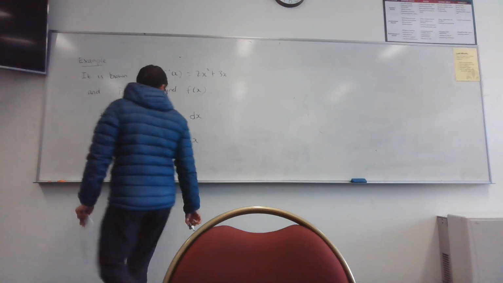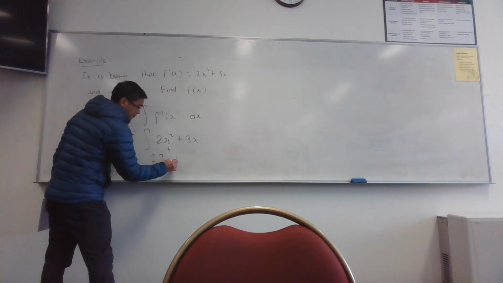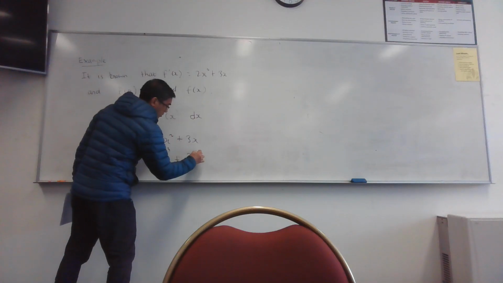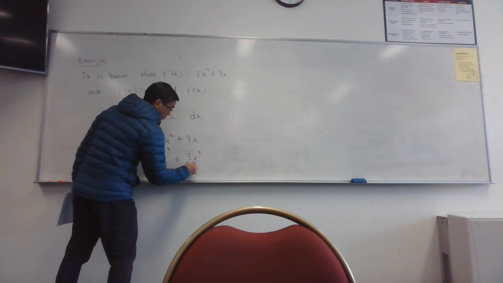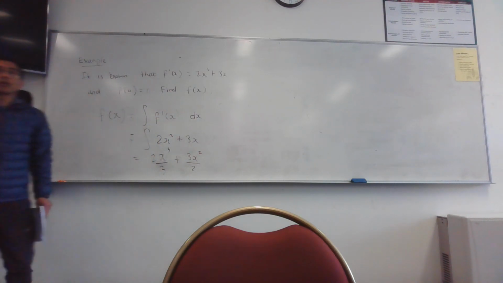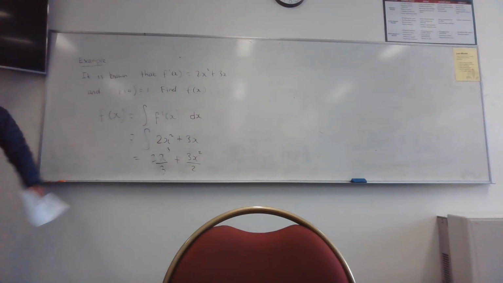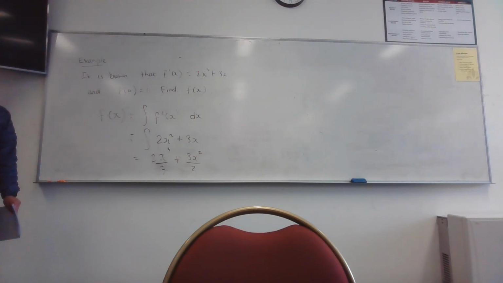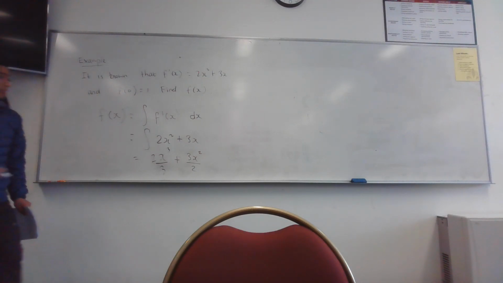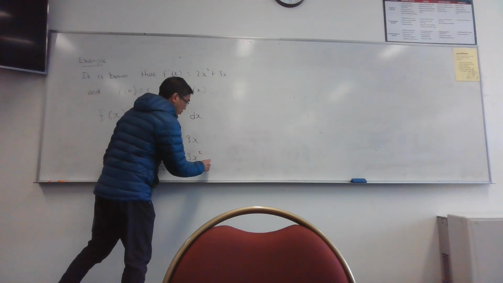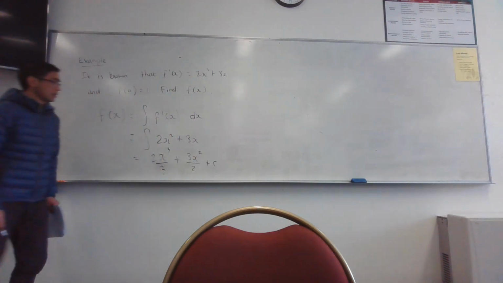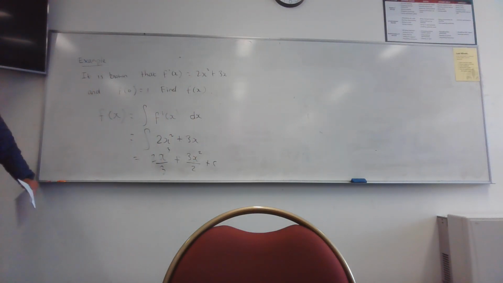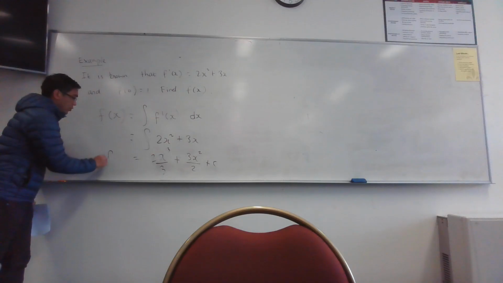Emily, what do I do with the 3x? Okay. Tim, what do I need to put at the end of this? I'm not sure. That's okay. We'll put the constant in. Always put the constant in. Okay. Now, we've got our general equation here.